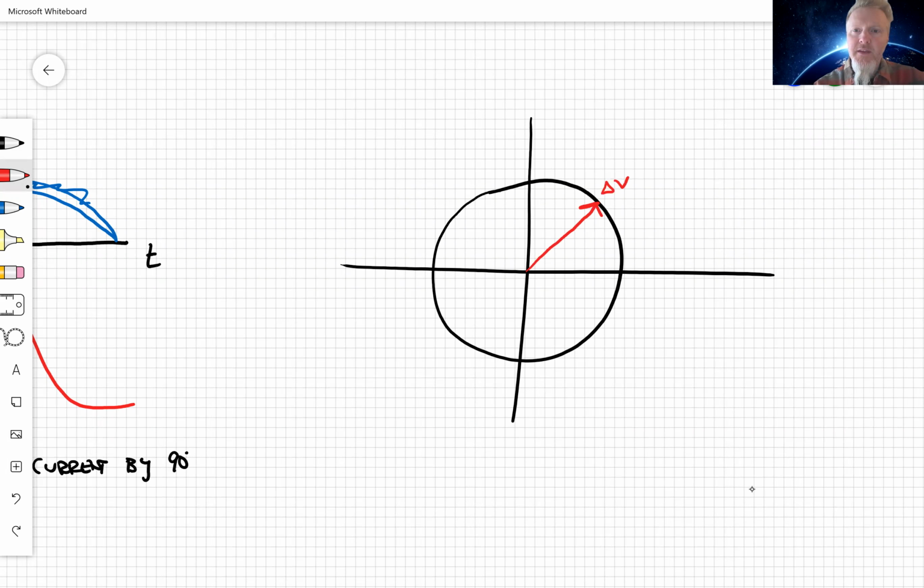So delta V L, this is the capital V because it's the full phasor. And then the current, remember, will be the voltage of the resistor. It's going to be back here.